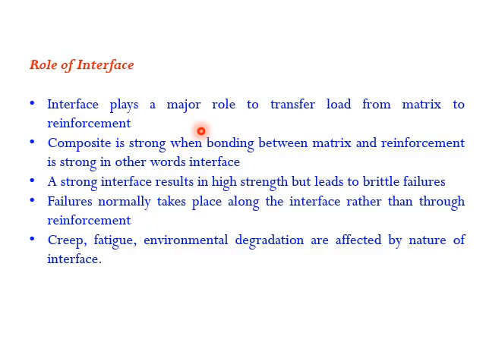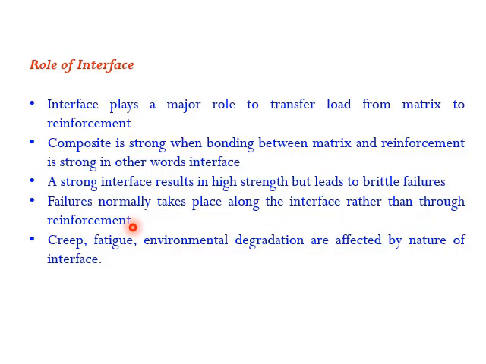The composite material is strong when the bonding between the matrix and reinforcement is strong. If the interface is strong, then the whole composite strength is high. A strong interface results in high strength but leads to a brittle fracture. When the strength is more, brittle failures are probable in a composite material.